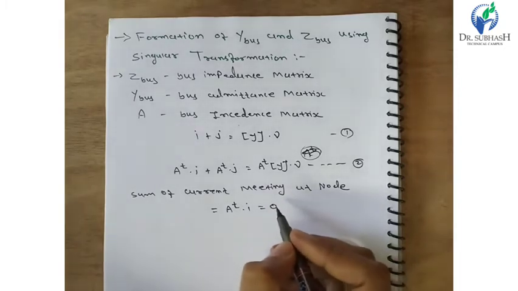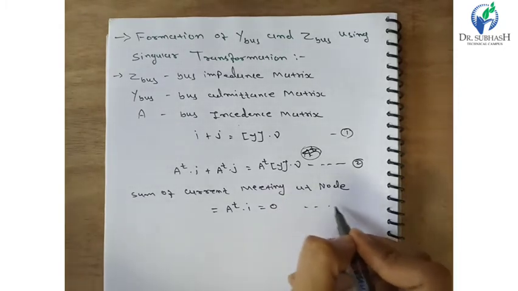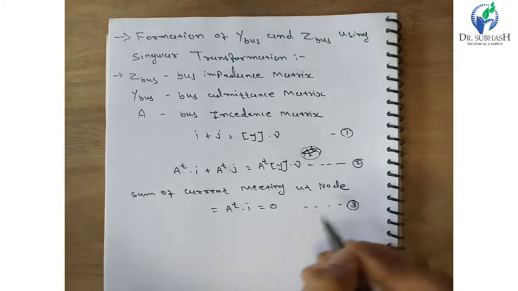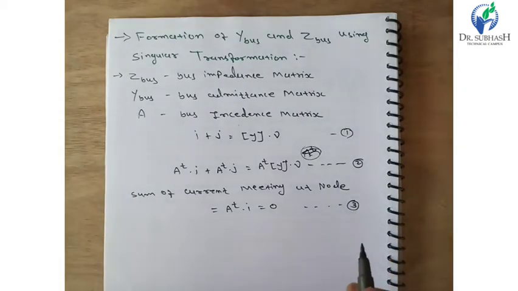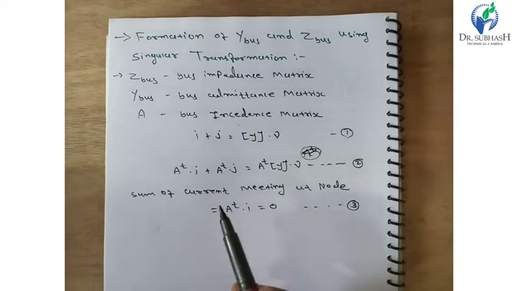By using Kirchhoff's current law, this is the third step equation.